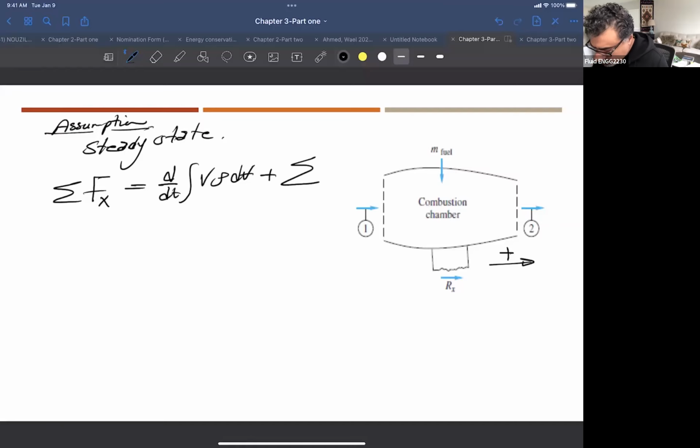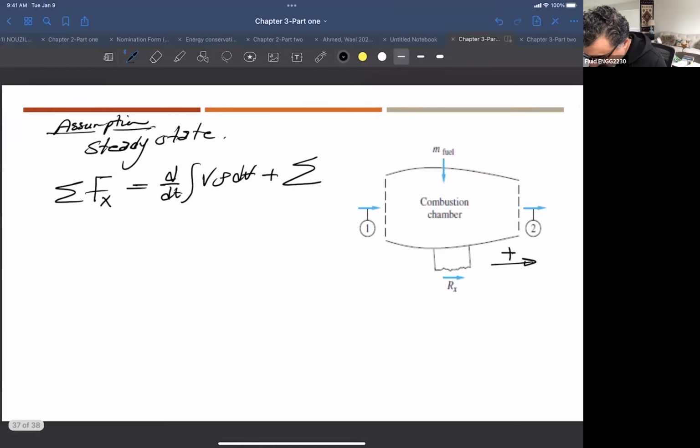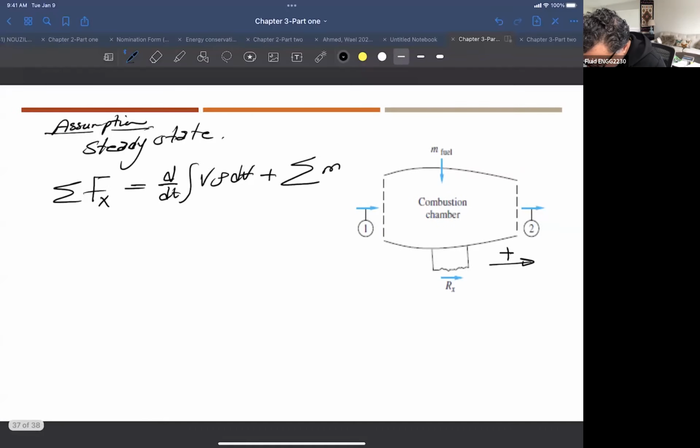The summation of momentum in, right? Or summation of momentum out, minus summation of momentum in. Right? This is velocity and this is, right? So you have the mass flow rate and the velocity. This will give you the momentum. This term here is 0 because it's steady.